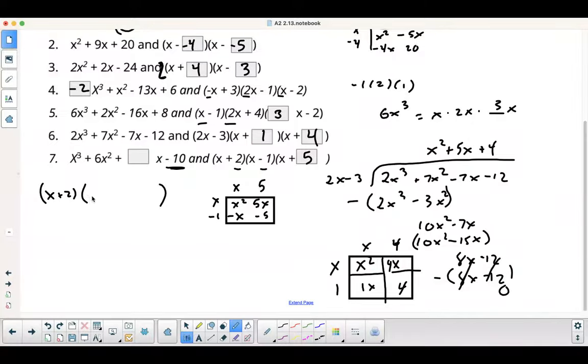So I get x squared plus 4x minus 5. So I multiplied these two here. And then I need to do another box here with the x plus 2 and the x squared plus 4x minus 5.